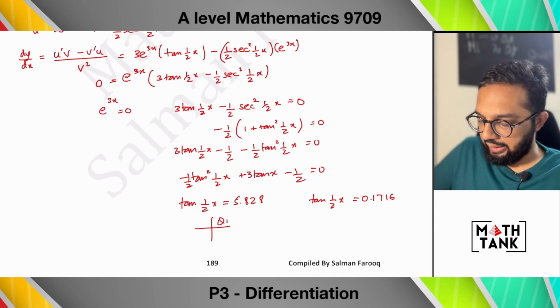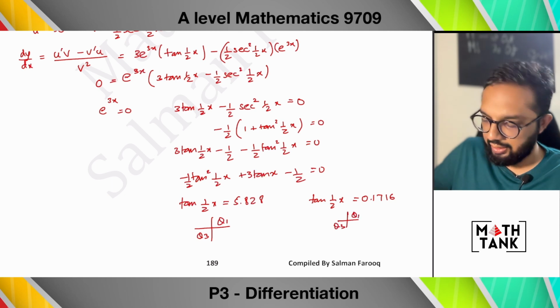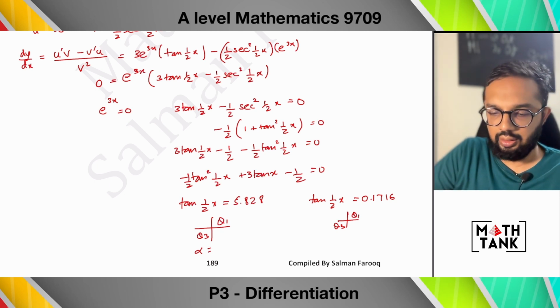Okay. So both are in quadrant 1 and quadrant 3. Needless to say that quadrant 3 is going to be discarded. There are going to be two alphas, both of which will probably appear in quadrant 1.